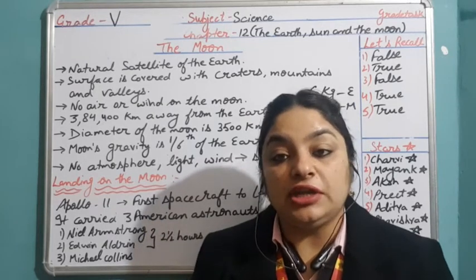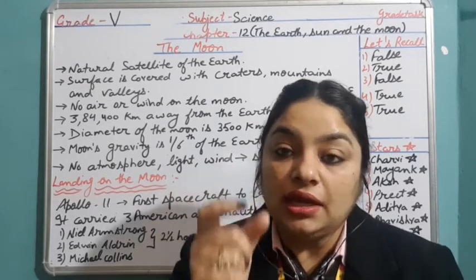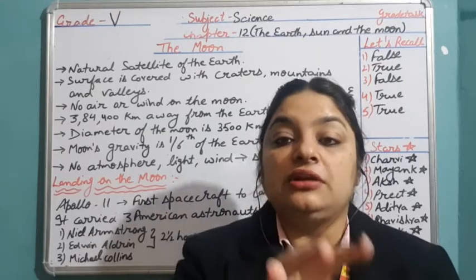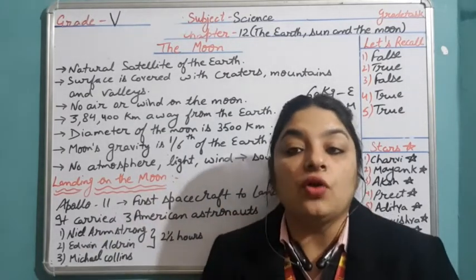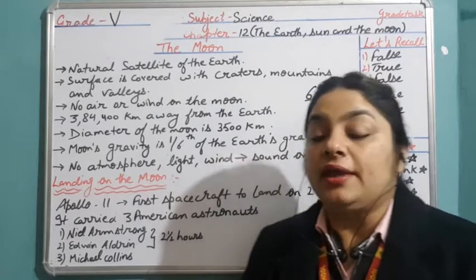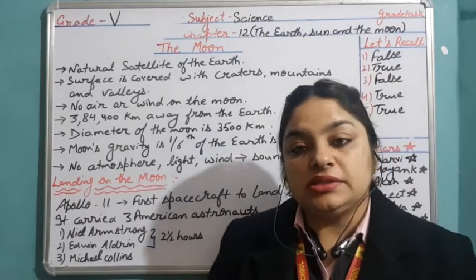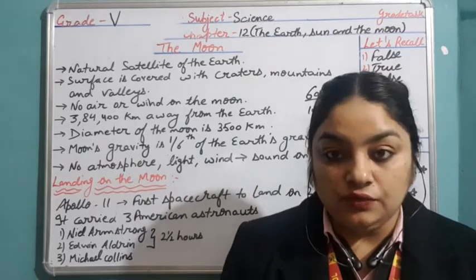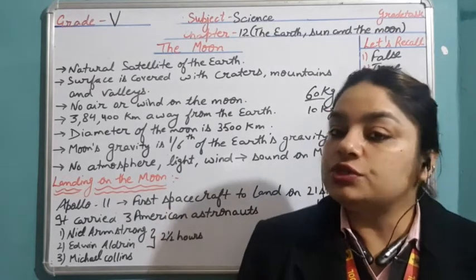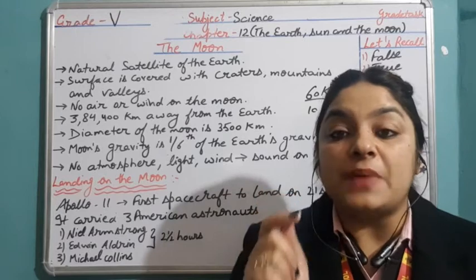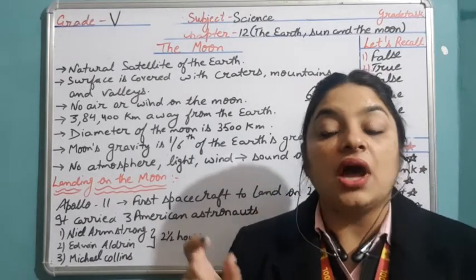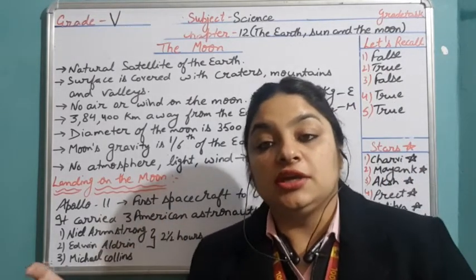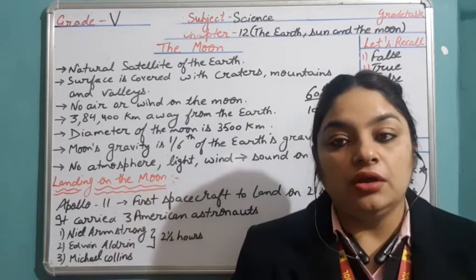So what is gravity or the gravitational force of the Earth? It is a type of attractive force which attracts all things towards the center of the Earth. That's why all things fall down. Now the moon also has gravitational force, but the gravitational force on the moon is 1/6 of the Earth's gravitational force.